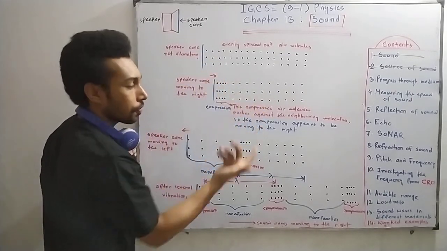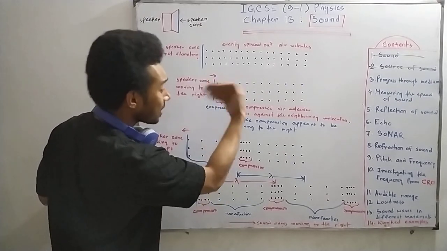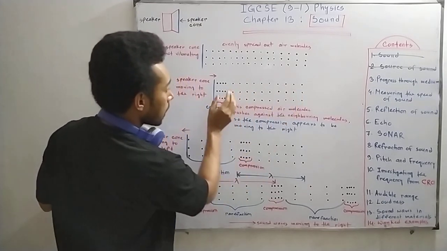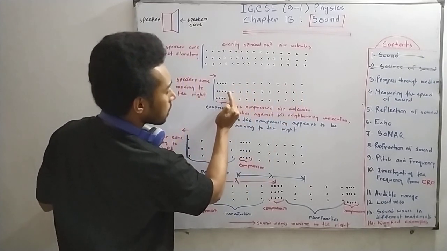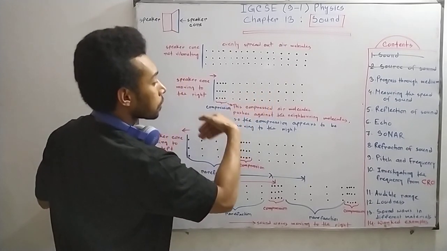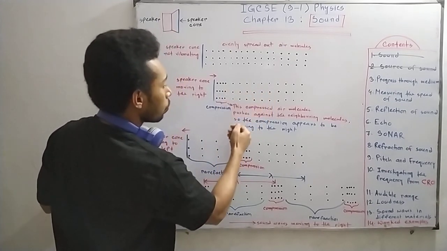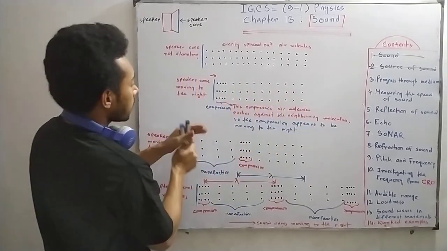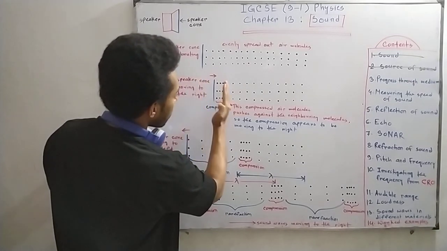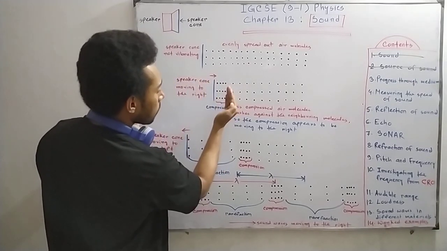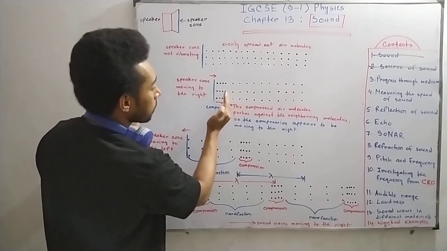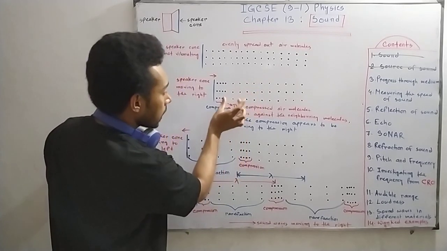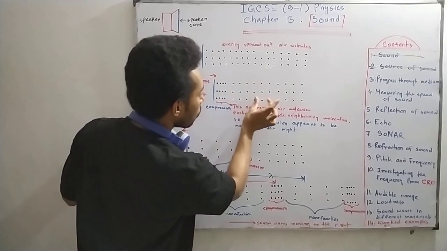These compressed air molecules then push against the neighboring air molecules, so the compression will appear to be moving to the right.